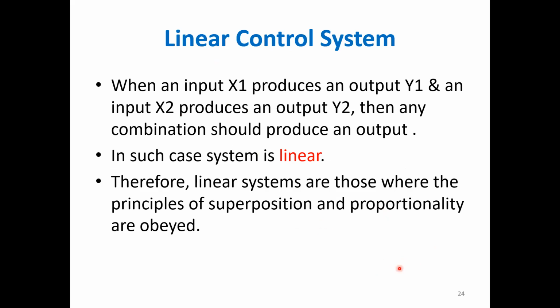So another type is linear or non-linear. To get a linear control system, it has to follow the superposition theorem. Superposition is something like this: x1 plus x2 gives y1 plus y2.